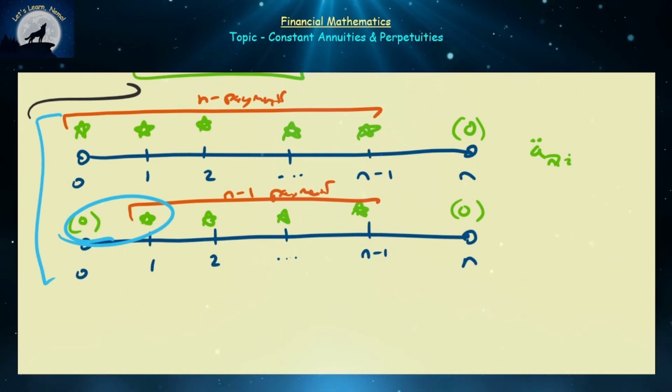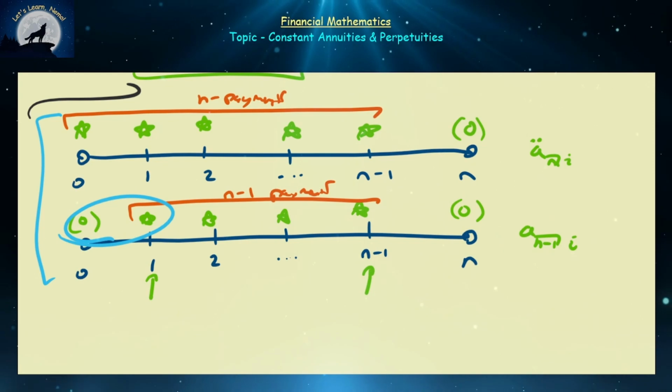So this object is just a_{n-1}|i, right? So that's just the present value of an annuity immediate with n minus 1 payments, because the first is made at this particular time and it ends at this particular time.